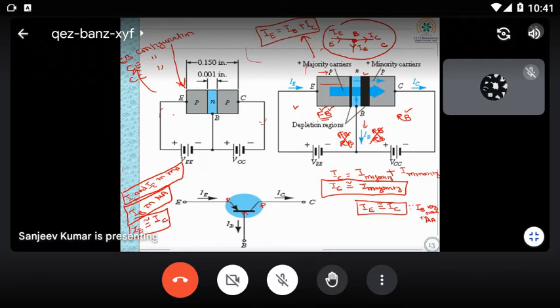You don't have to mug up: the current direction is P to N, so that's why the arrow is shown P to N. So here you can see the symbolic representation of the PNP transistor, and IE is equal to IB plus IC.